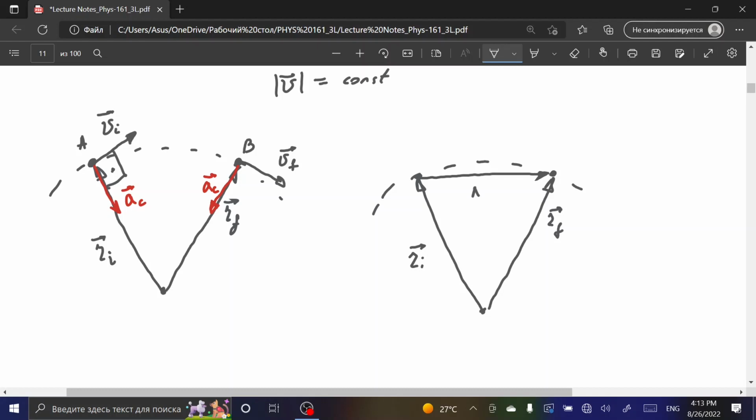How do we call this vector? I mentioned it several times previously. Displacement vector. You're right.